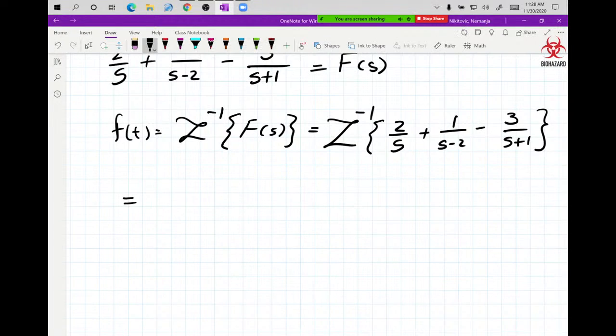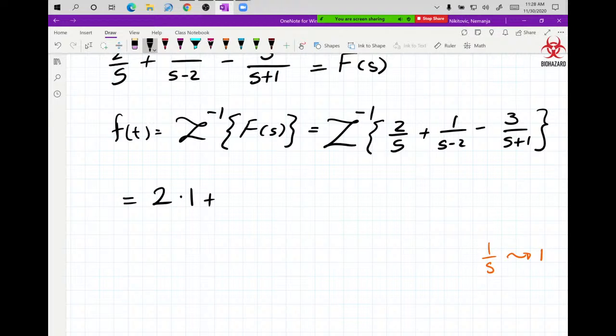And that is going to be, and now all of these are basic ones from the chart in front of your book. So maybe I should write them over here. 1 over s goes into just number 1, which means that this thingy is 2. Let's write it 2 times 1.